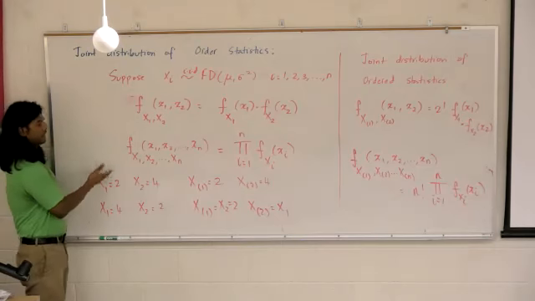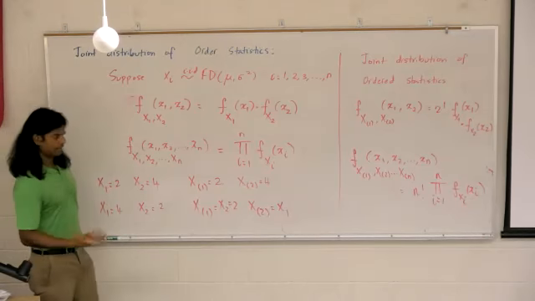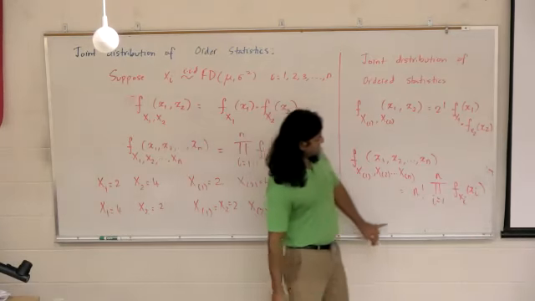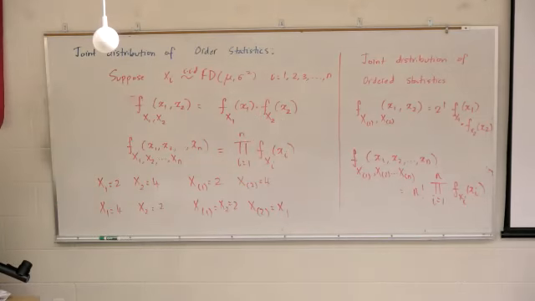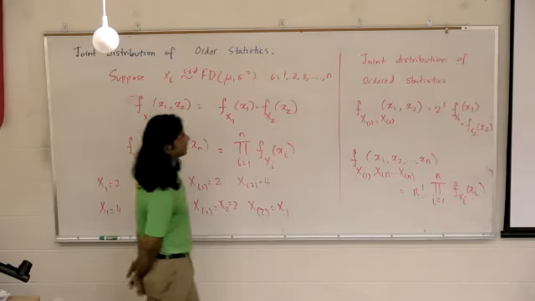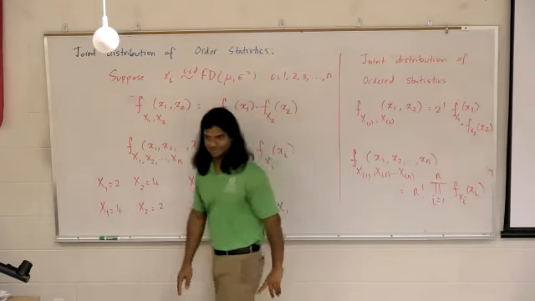So if it is going to be hard here, it's just as hard over there. Certainly we're just multiplying it by n factorial. But if I want to find a joint distribution of the second and the third order statistic, what would you do? Would you put 3 factorial here, or would it still be 2 factorial?